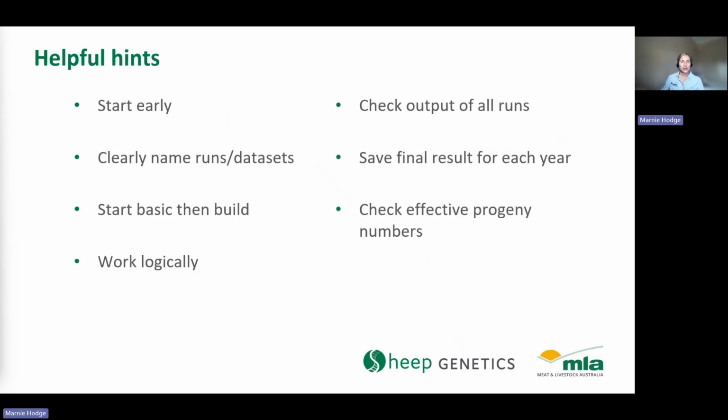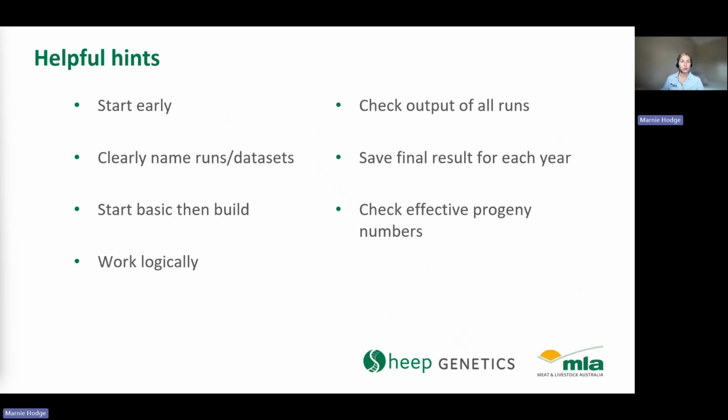And lastly, just a few helpful hints. I cannot stress enough that it's very important to start the process early. So especially if you haven't been using MateCell as regularly, or if you haven't been using MateCell at all, start the process early so you can refine the runs over time. You don't want to just put a whole heap of parameters in and just do one run.